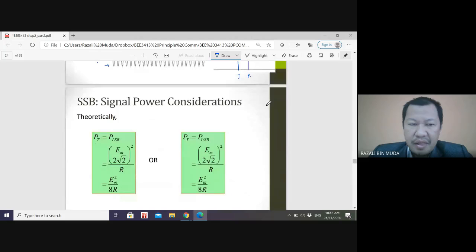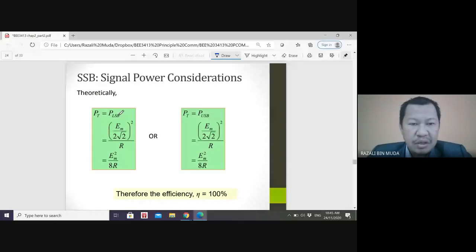Okay, this is the calculation for signal power consideration, single sideband. PT, the total power transmitted, equals the power at the lower sideband only, or the total power transmitted equals the power at the upper sideband only. So this is the equation, EM over 2 square root of 2, squared.